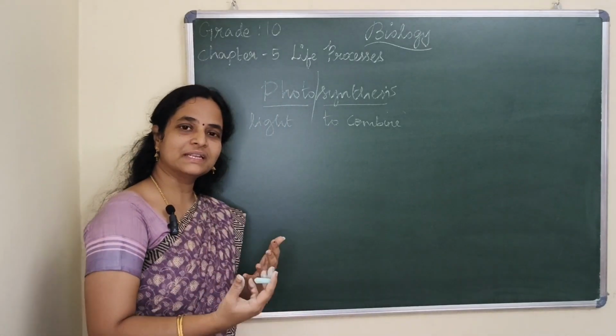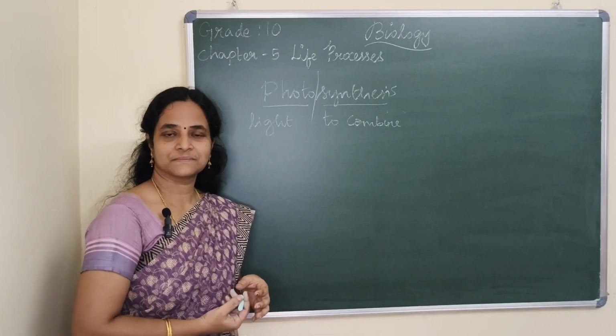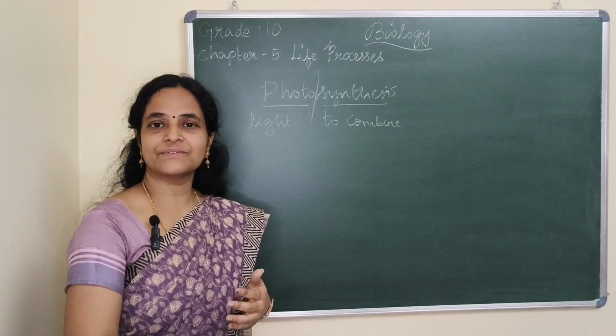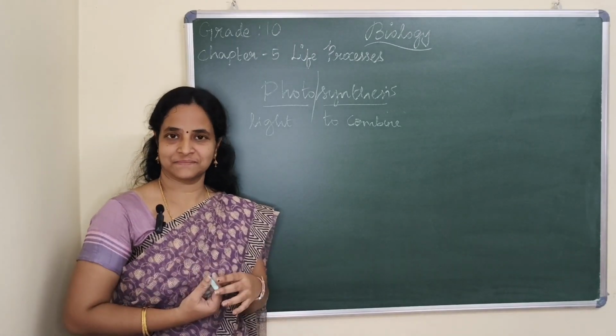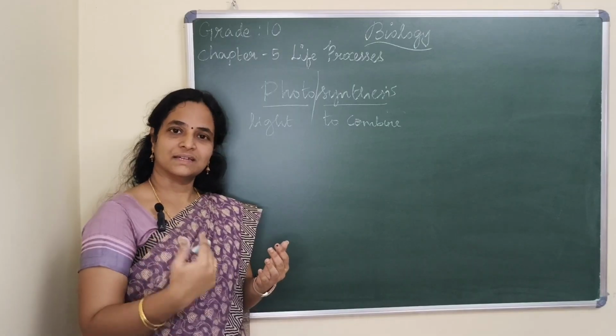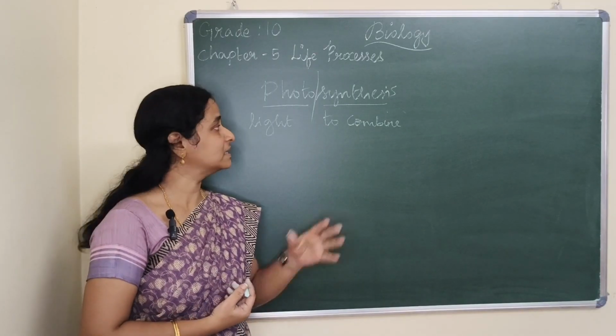Very good. The raw materials that are available in the environment. What do you mean by raw materials? What are the ingredients that we add to make biryani? Very good. So we have a big list that we use in preparation of biryani.